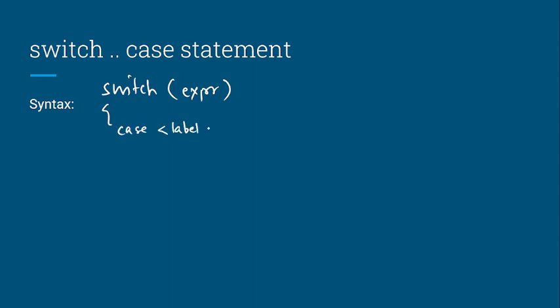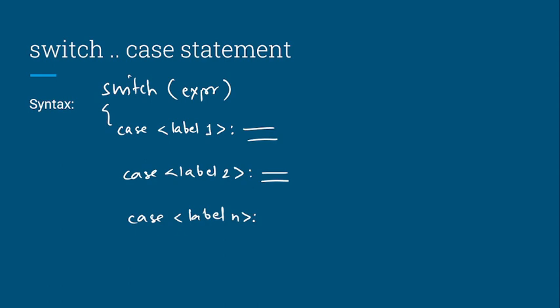So let me write a general case. Case label 1, I'll have this body. Case label 2, I'll have this body. Case label, let's say N, I'll have this body, okay, and maybe the end of switch.